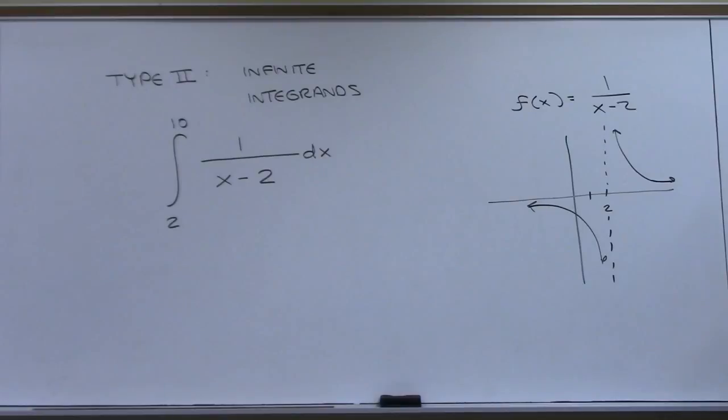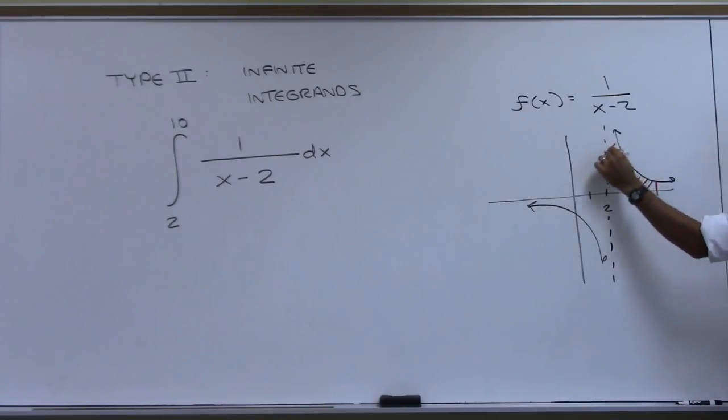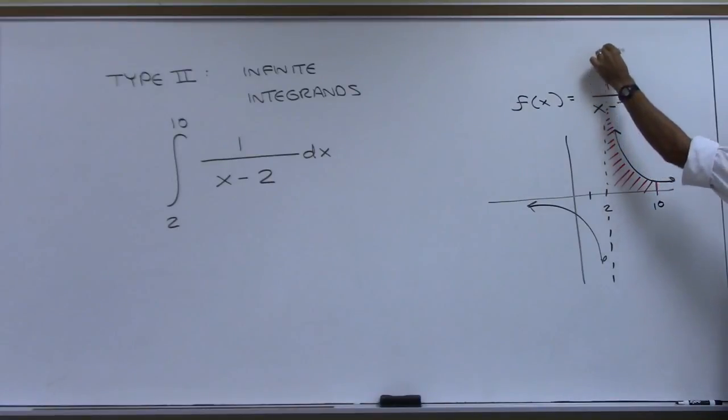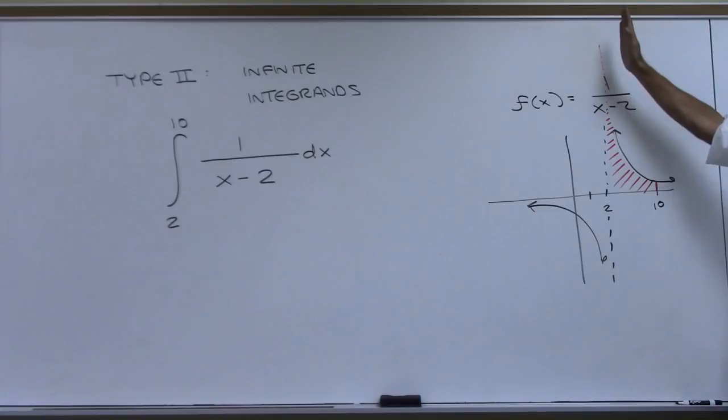So if I am supposed to take the area between 2 and 10, then I know this end is no problem, right? I'm stopping. I'm not going to infinity. I'm trying to find this area, but do you see what's happening here? It's actually becoming infinite, isn't it?